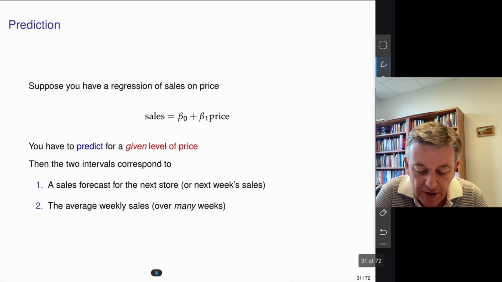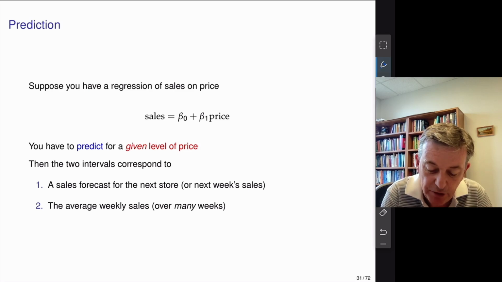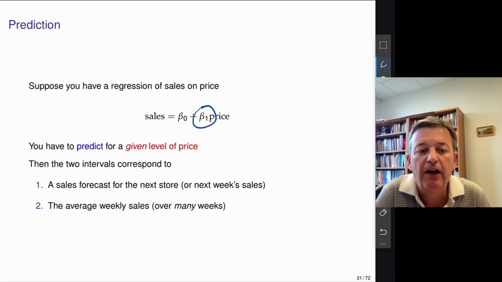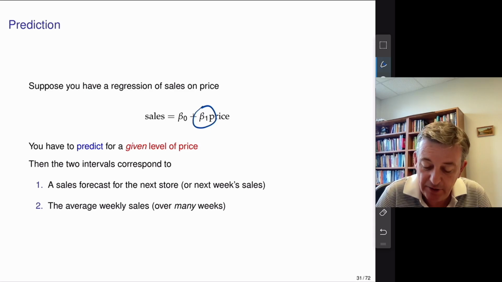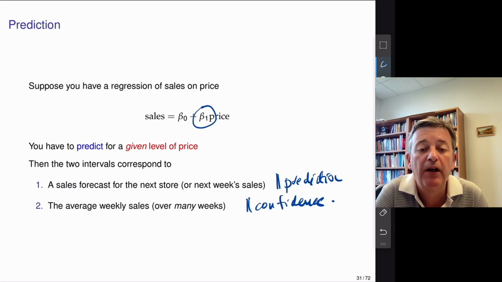Okay, why is that? Well, let's think about prediction. The whole point of building regression models is, number one, to find the magnitude of effects, what exactly are the betas, and then number two, to make predictions for a given price level. And there's 2 types of forecasts that you could make. One is a prediction interval, and one is a confidence interval. And we've talked a little bit about this before.